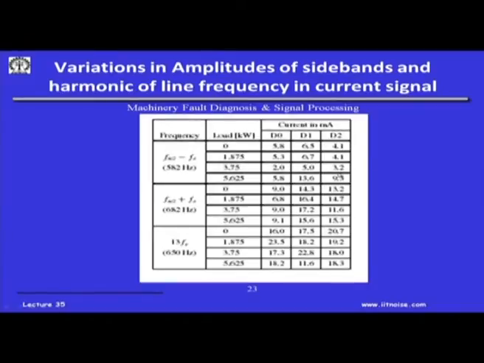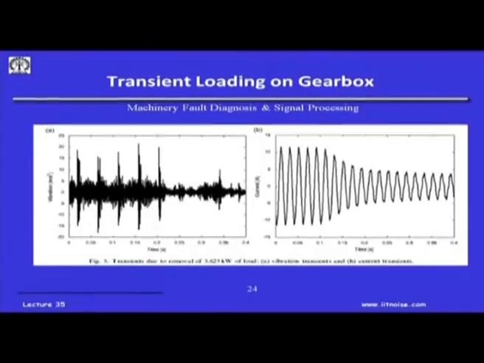So, this was out of the research, as I was telling, but this only demonstrates that for any mechanical unit, its fault can be detected or estimated by monitoring the current being drawn by the motor which is driving that unit.